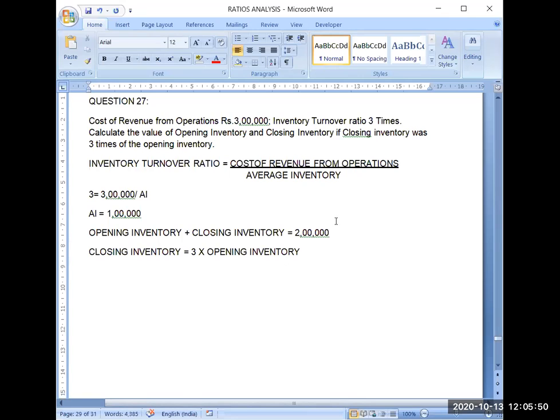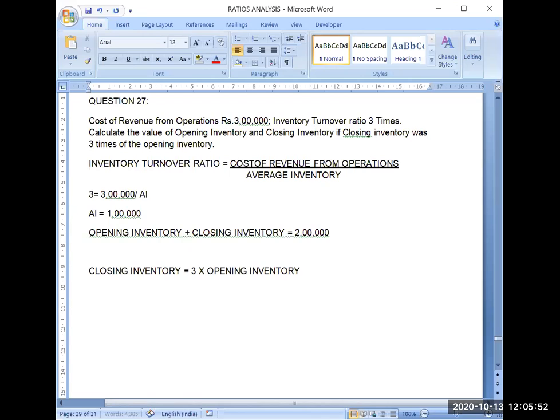In this equation, I will put this value. So opening inventory plus closing inventory. Instead of writing closing inventory here, I will write its value. Its value is 3 opening inventory. Opening inventory plus 3 opening inventory is equal to 2 lakh.